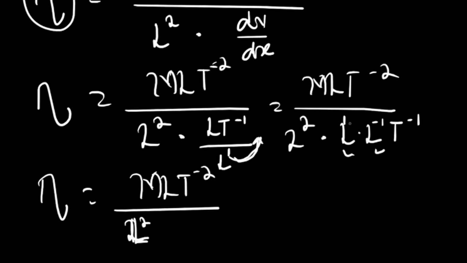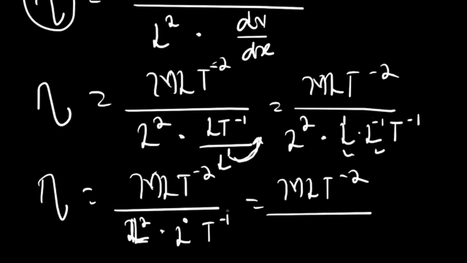When you add the powers, what are we going to obtain? 1 minus 1 gives us 0, or 1 plus negative 1 gives us L to the power of 0. Hence, that one goes away, or we can just add them to show you how it works. We now have L to the power of 0, and then T to the power of minus 1. Now let's clean this up. We have MLT^-2 over, here we have an L squared.